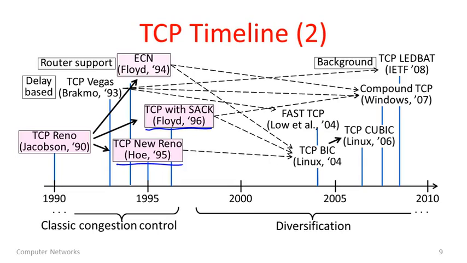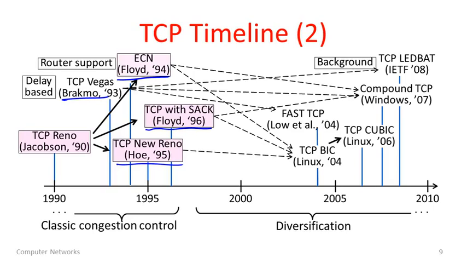But in addition, threads also got started on some other kind of work. TCP Vegas was one of the first schemes which used delay-based feedback from the network instead of packet loss. This has some advantages if you can do it. And we also looked at router support. Sally Floyd in about '94 introduced explicit congestion notification, where routers would send indications of congestion to hosts at the edge of the network.